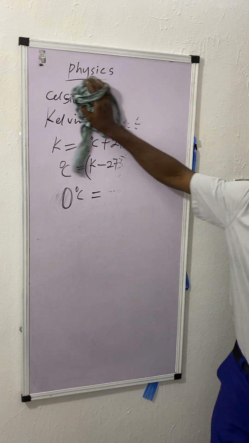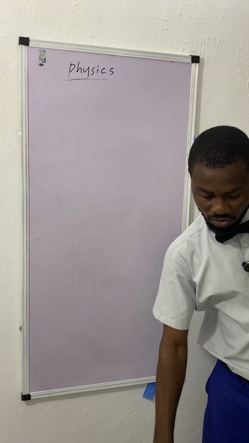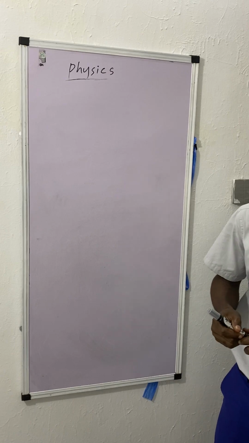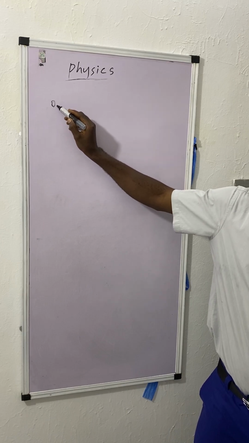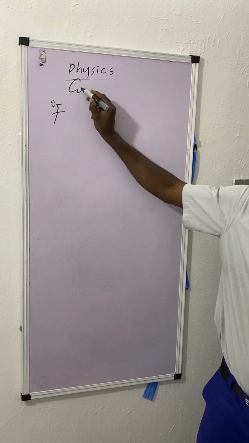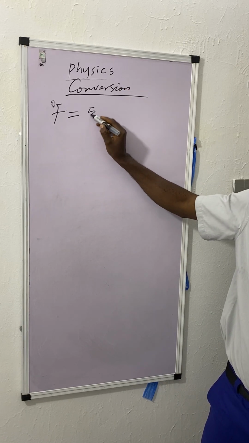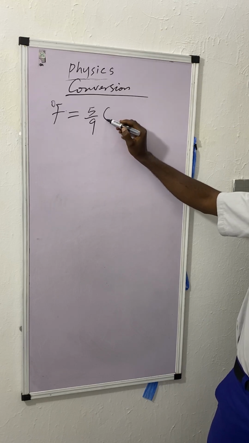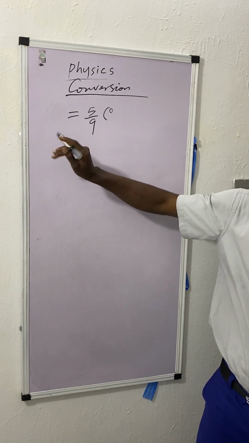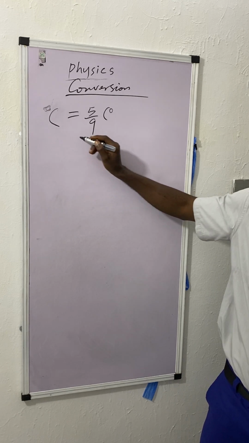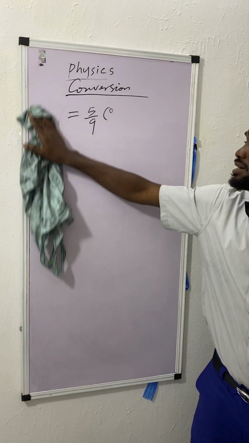So let's look at conversion from degree Fahrenheit to degree Celsius, or from degree Celsius to degree Fahrenheit. First of all, we are converting degree Fahrenheit to degree Celsius.